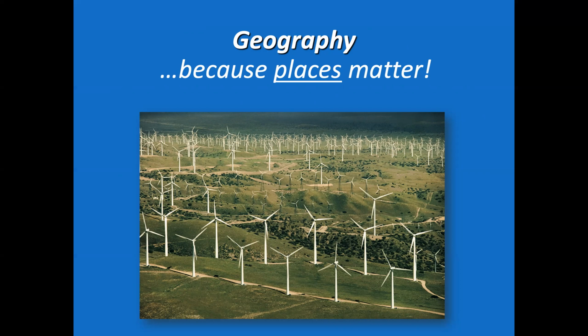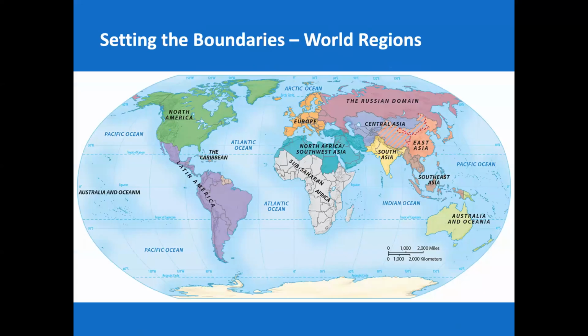Really, it's all locationally driven. In the case of this particular image, where and why was this wind field established here? There are probably both financial and also locational and environmental reasons for it.